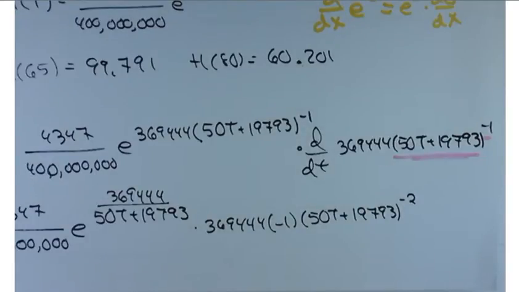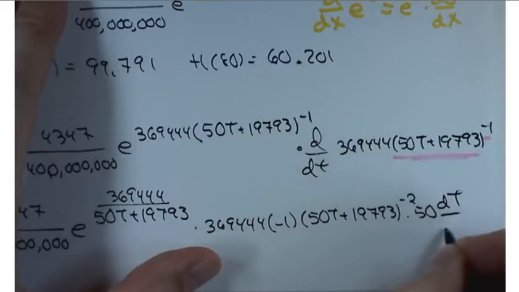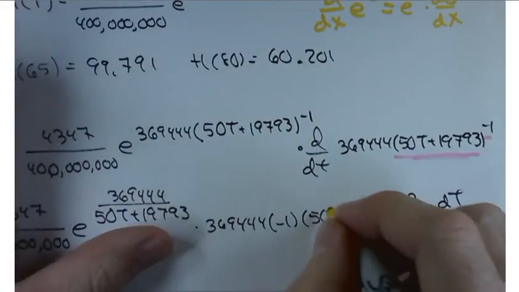Here's where you want to finish this and hit a home run. Don't make just one person do all the work here. What's the derivative of the inside? 50 dT by dt. Remember, you have to differentiate that implicitly, that last little bit right here.